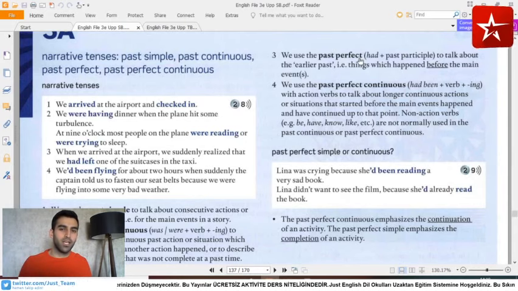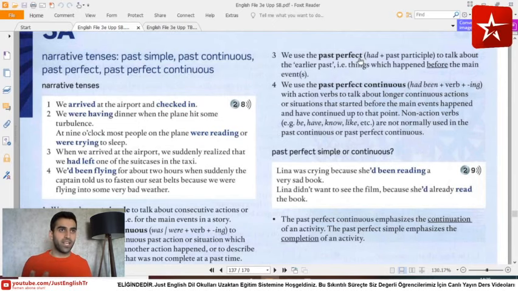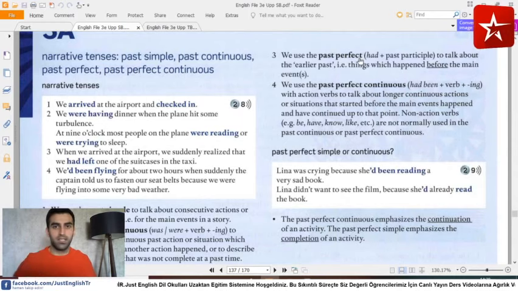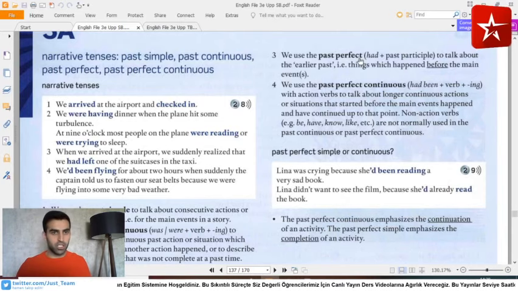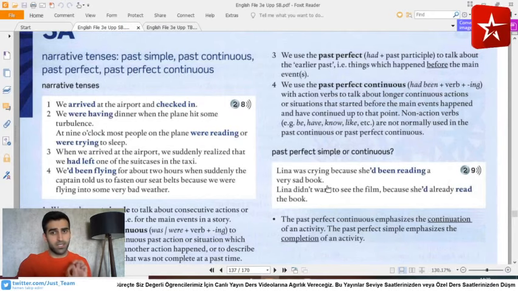My mom had finished her jobs. So firstly she finished her jobs and then I came. We have two actions in the past, and if one of them happened and finished before the other action, we use a past perfect. And I will show you. Don't worry about that. We will continue with the exercises, and you can understand clearly.